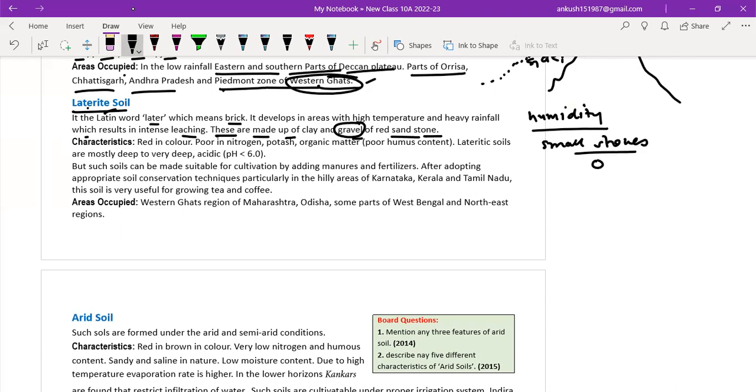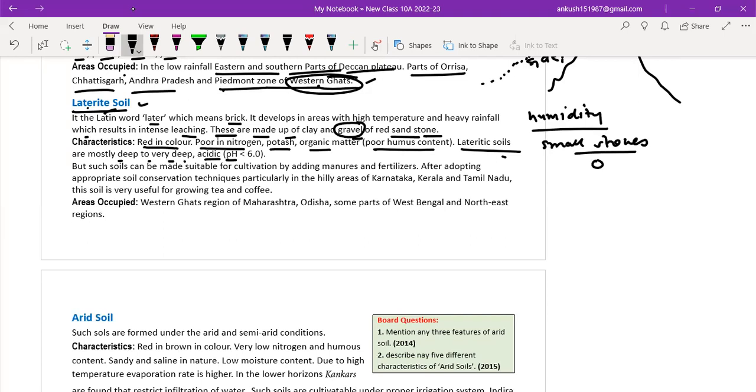So due to these, this laterite soil is red in color, poor in nitrogen, potash, organic matter, and humus content as well. Lateritic soils are mostly deep to very deep, and acidic as well. The pH level is less than 6.0.